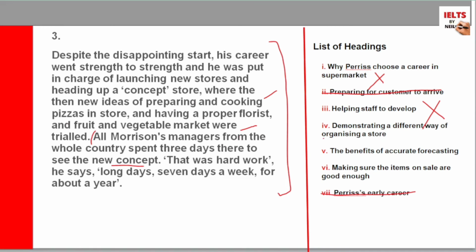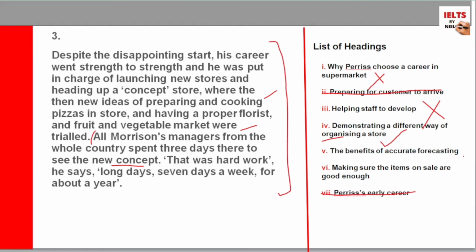So something relating to organizing. And of course last lines are telling us that Morrison's managers from the whole country spent 3 days to see the new concept. So this could be the answer. Let's check the remaining ones.